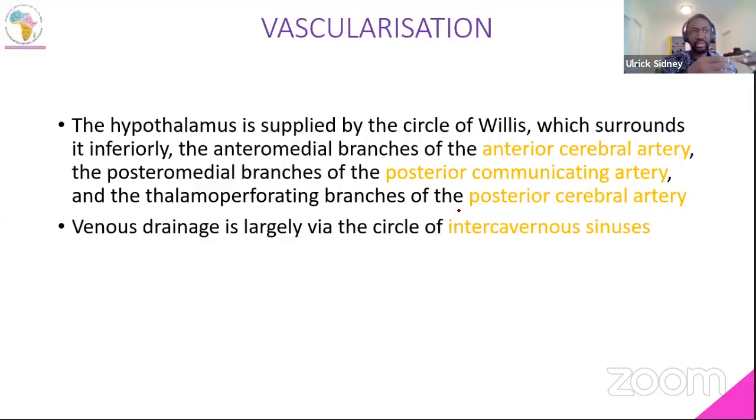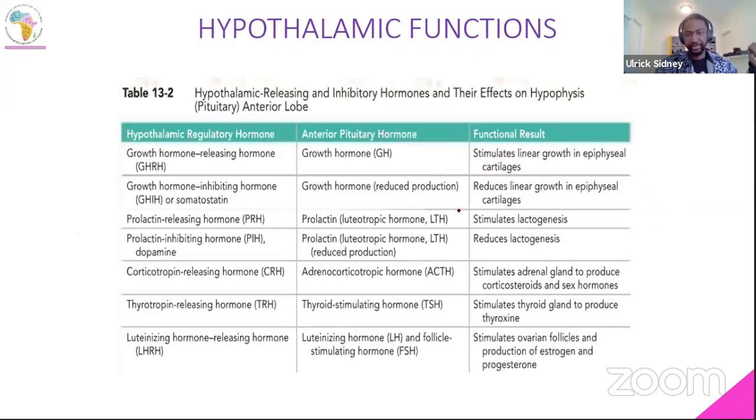This is where you have passage of cranial nerves 2, 4, 5, 1, 6, and you've got passage equally of the internal carotid artery, the ophthalmic artery. So you've got drainage into the intercavernous sinuses coming from the hypophysis.